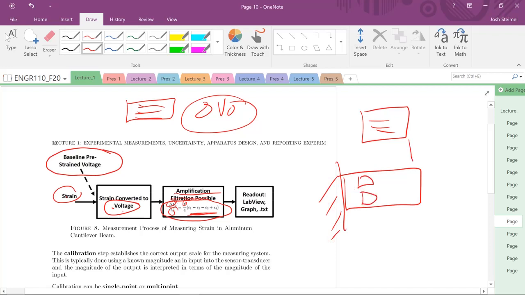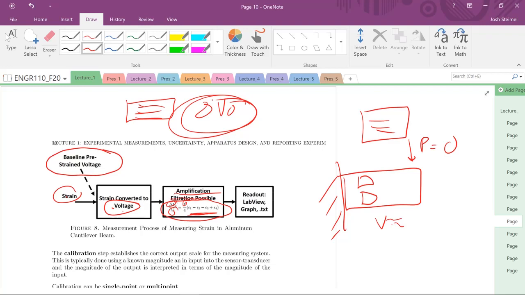Even if I haven't applied a load, my load is 0, there's still going to be, when you look at your Wheatstone bridge, some small voltage output. Usually that's due to pre-strain and some other things; talk to your circuits professor, and we could talk about that. But anyways, you have to normalize and create that baseline, because we're looking at the change in that output. So it's a small calibration step, but an important one. If you don't calculate that change, then we could be in big trouble in terms of the values that we calculate.